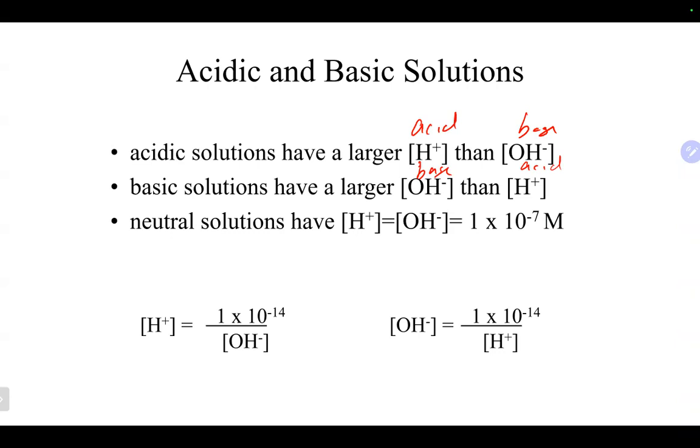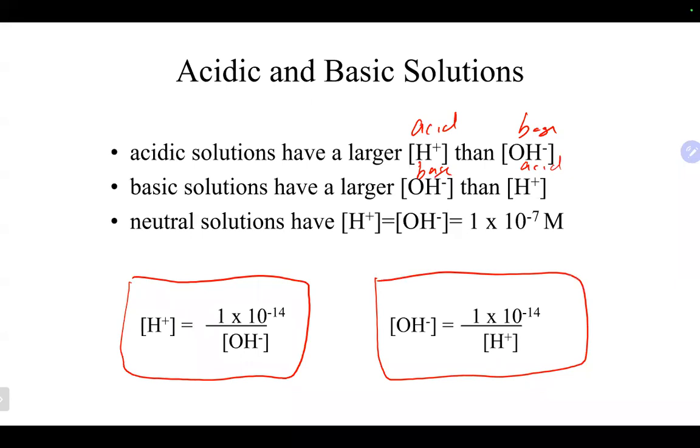The nice thing about the calculation is it's pretty much the same regardless of which one is given to you. Whichever one's given, you essentially take 1 times 10 to the minus 14 and divide it by the concentration. Most important in this chapter, again, a refresher: make sure that you use your exponent button.